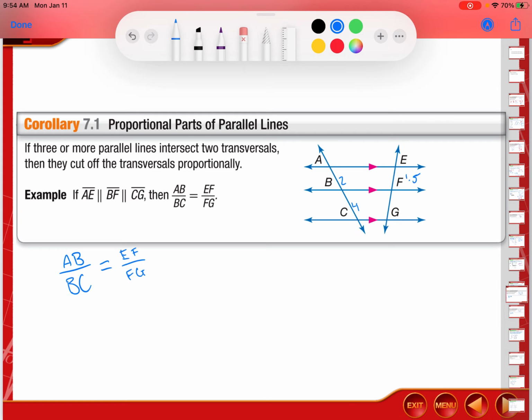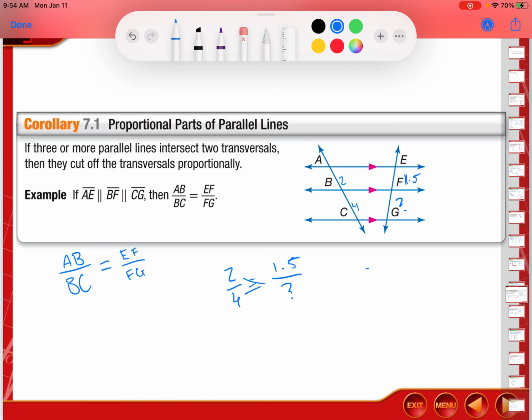Let's say this is 1.5 and we wanted to find FG, you would just set up your proportion again. So you would say 2 over 4 equals 1.5 over question mark.